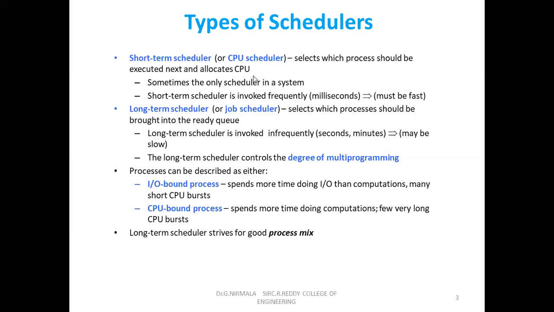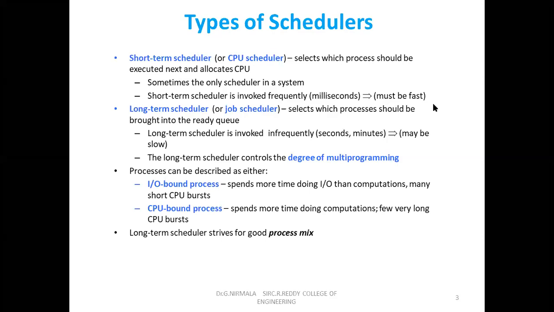All the ready queue processes, P1 and so on, are waiting for the CPU. Now this short-term scheduler will allocate that CPU to the next upcoming process. Short-term schedulers are invoked frequently, in milliseconds.